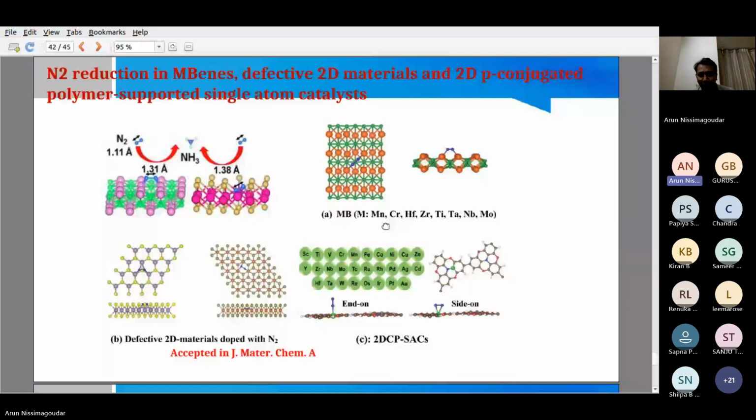You may be hearing about these materials for the first time, but if you dig into MBenes, they are really another class of good two-dimensional materials which give better transition metal properties.